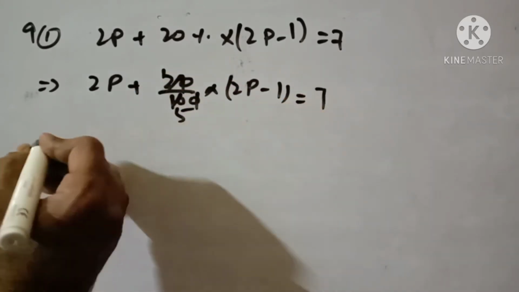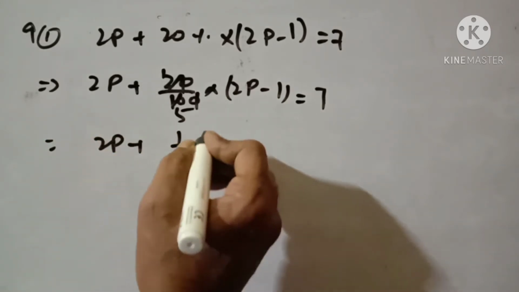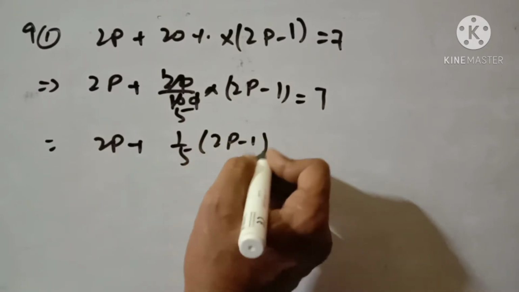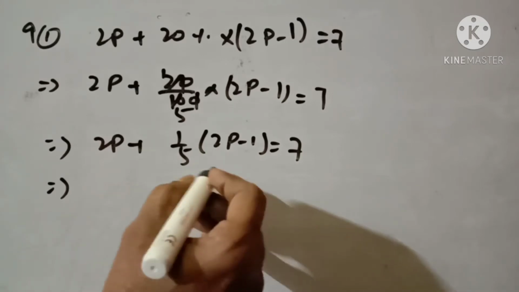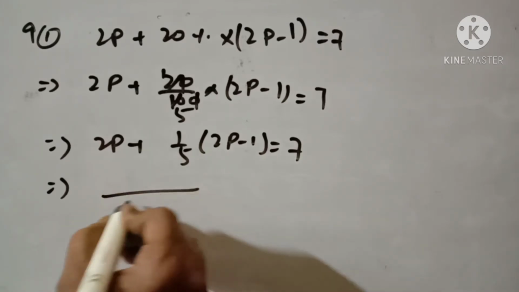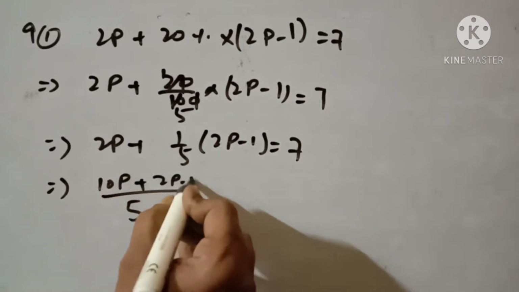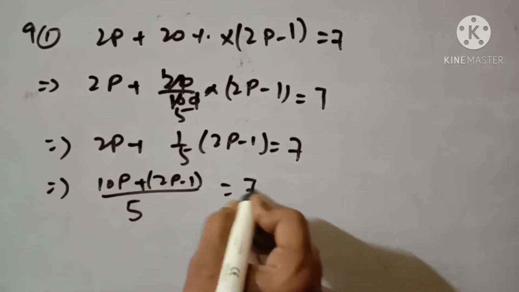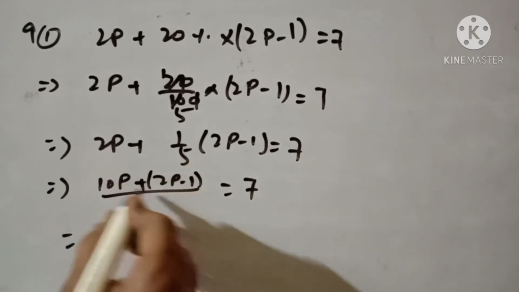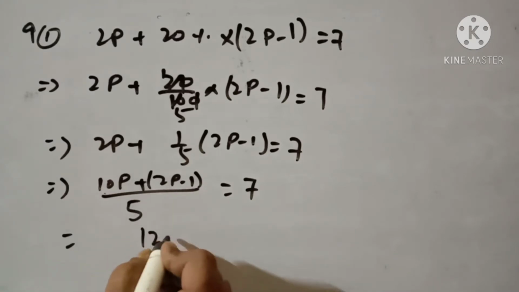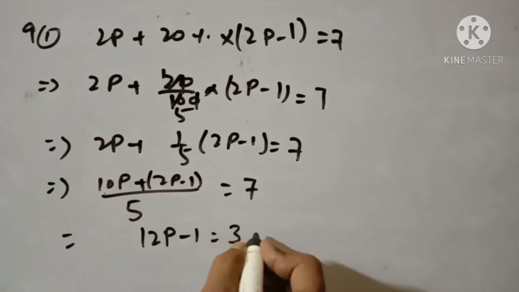Now 2p plus 1 by 5 into 2p minus 1 equal to 7. Once again you have to take LCM, it will be 5, means 10p plus 2p minus 1 equal to 35.